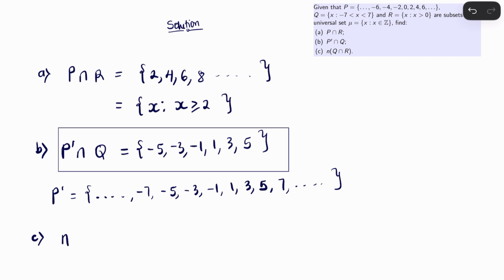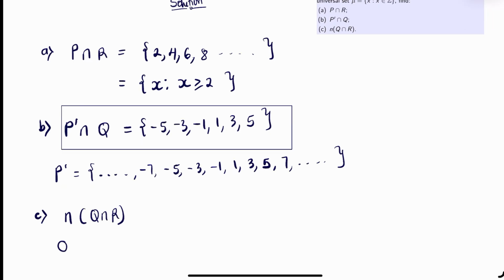C, we are to compute the number of elements in Q intersection R. So we must first compute Q intersection R. Q is the set of all numbers that lie in between -7 and 7, excluding the endpoints, right?